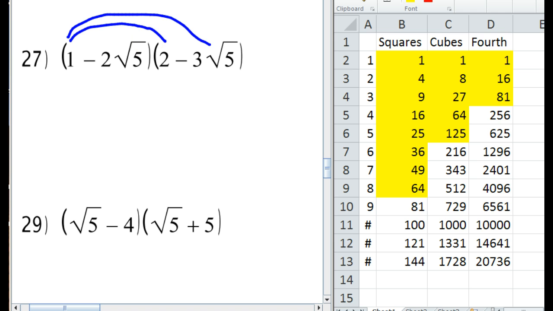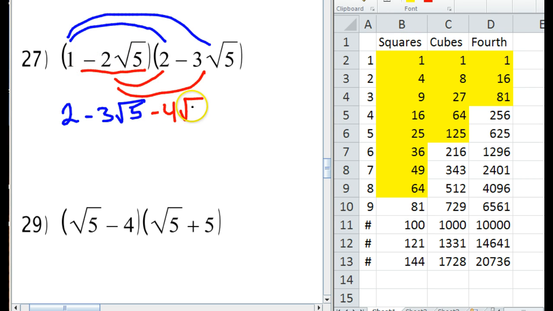1, 2, 3, 4. So we have 1 times 2, 1 times that. Of course, it's 1 time, so it just turns out to be the same exact thing. It was 1 time. Now, 2 times negative 2 root 5 would be negative 4 root 5.